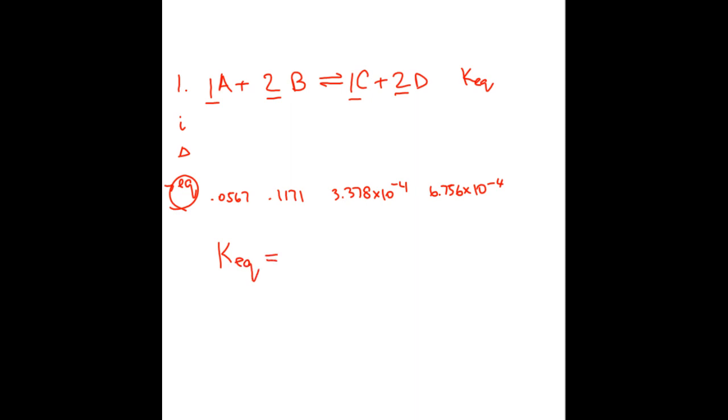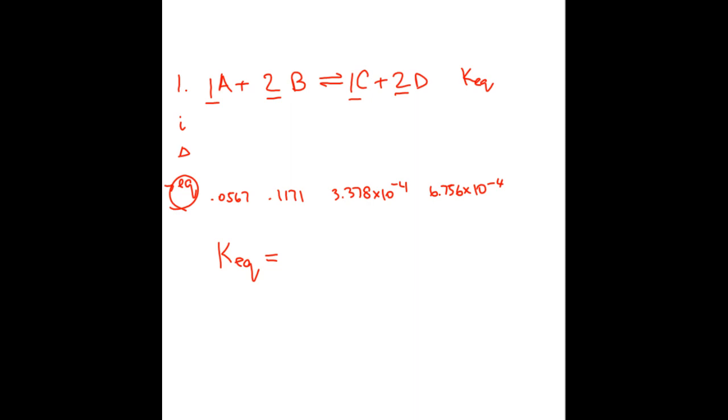Now the pattern for the K equilibrium equation is that it's always the products over the reactants. The concentrations of the products over the concentrations of the reactants, and you put the coefficients, in this case 1, 2, and 1 and 2, as the exponents for those concentrations.